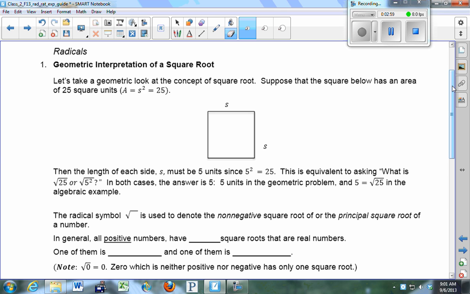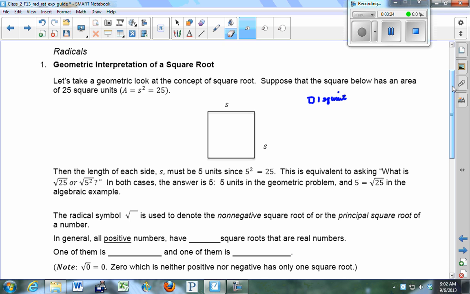Okay, so we're saying that the area of this square is 25 square units. So imagine that this is 1 square unit. What does it mean that this particular square has an area of 25 square units?